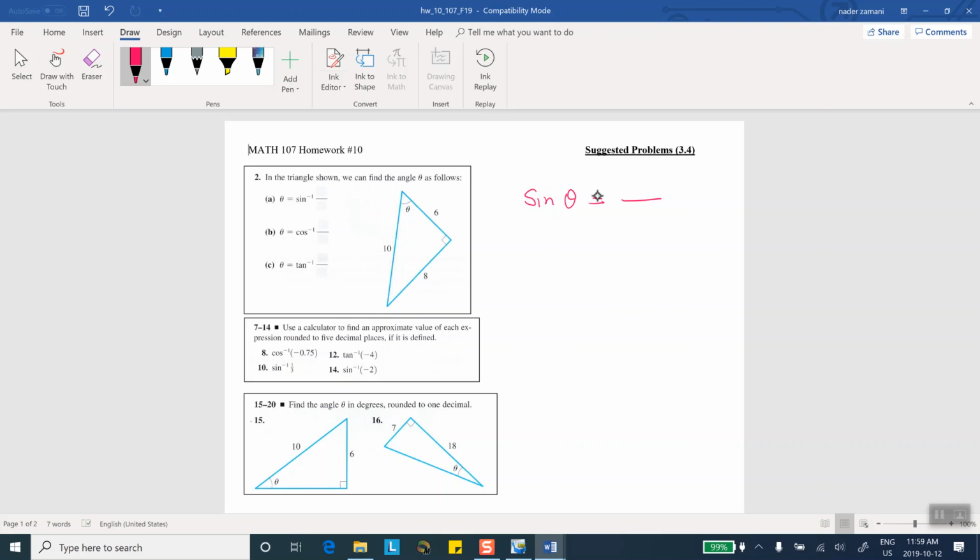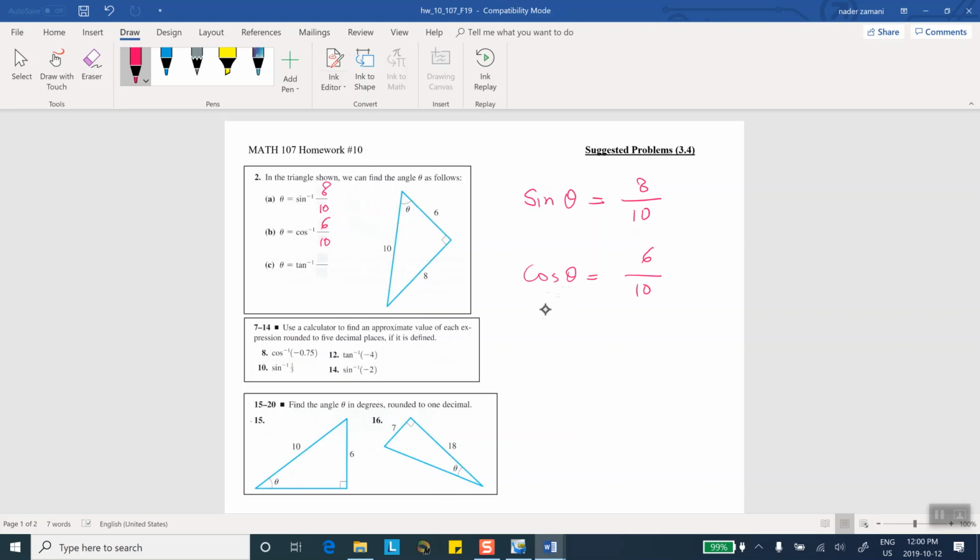Sine of theta is opposite to theta, which is 8 over 10, over hypotenuse. So this is 8 over 10. And when you look at B, cosine of theta is going to be adjacent, which is 6 over 10.